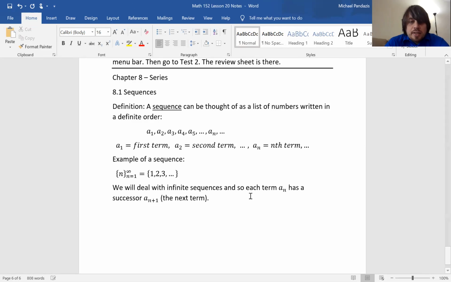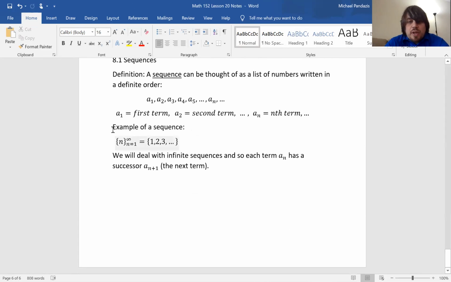The nth term is a sub n, but since it's an infinite sequence, there's always going to be a next term, a sub n plus 1. It's like walking up a staircase that has infinite steps. Whatever step you're on, there's always going to be another step. So wherever you are in the sequence, there's always a next term you can look at, just like there's a next step in an infinite staircase.